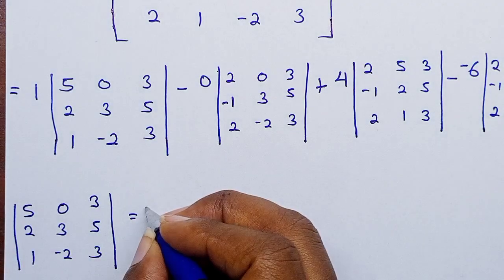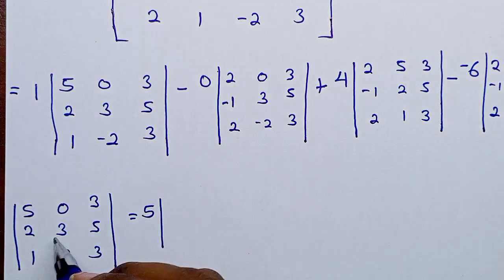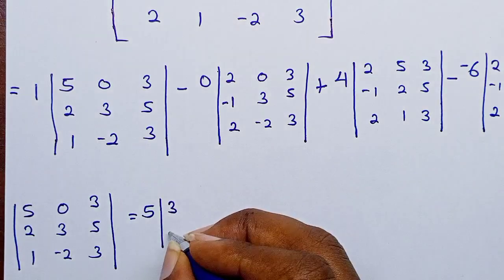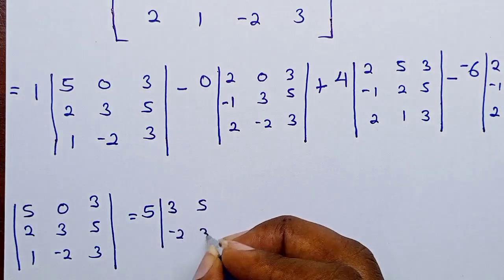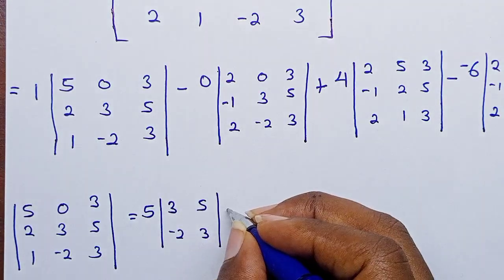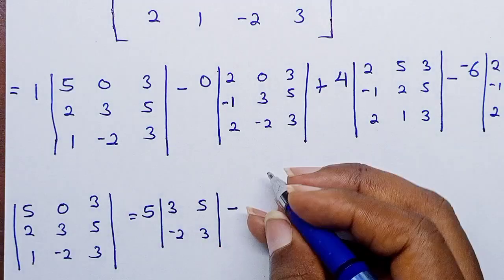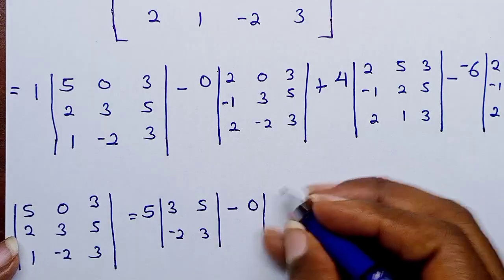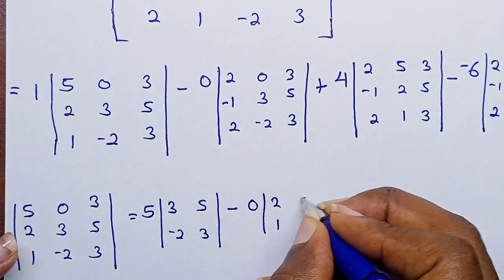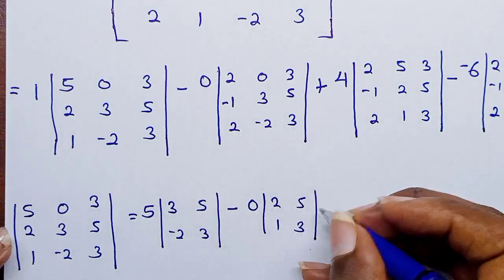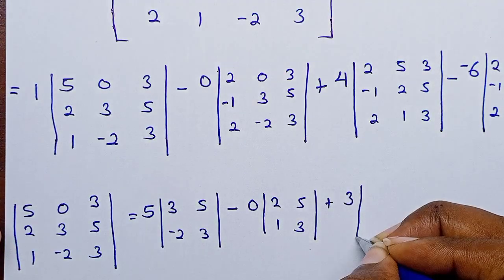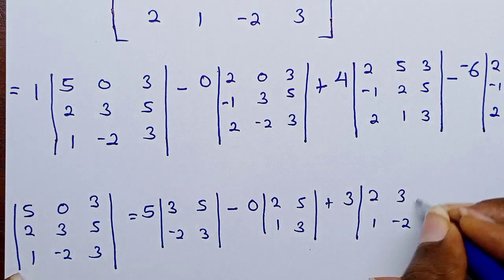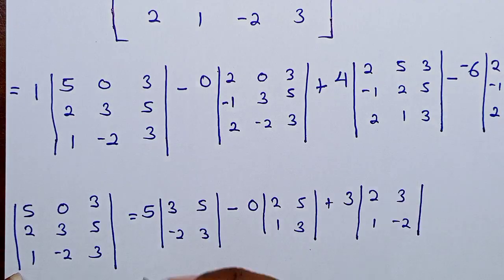Looking at 5, we take the determinant of its minor, which is 3, -2, 5, 3, then minus 0 times the determinant of 2, 1, 5, 3, then plus 3 times the determinant of its minor 2, 1, 3, -2.